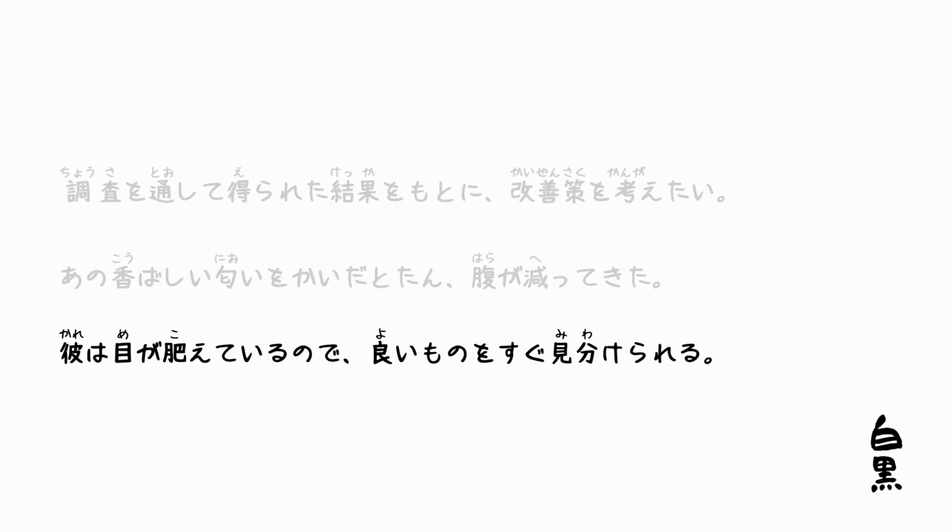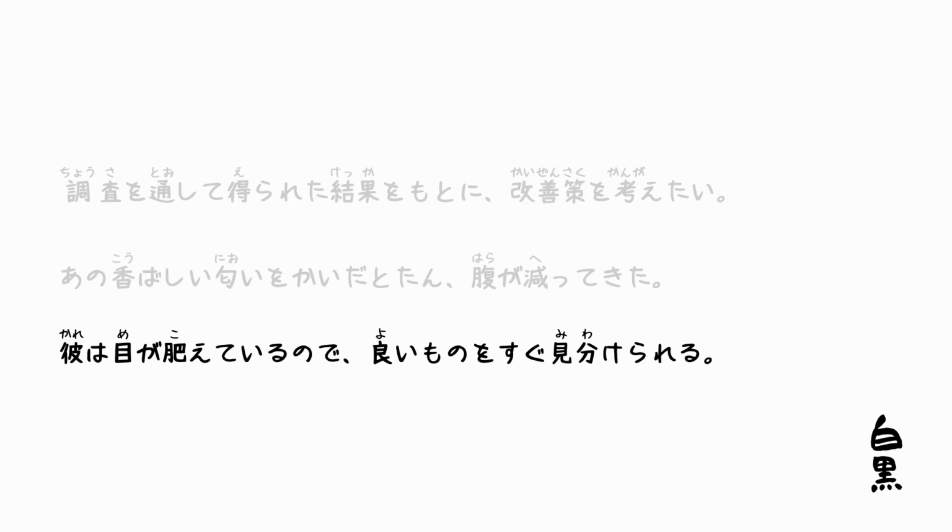So the following お is low. Not 良いものをすぐ見分けられる。But 良いものをすぐ見分けられる。Did you catch the difference?